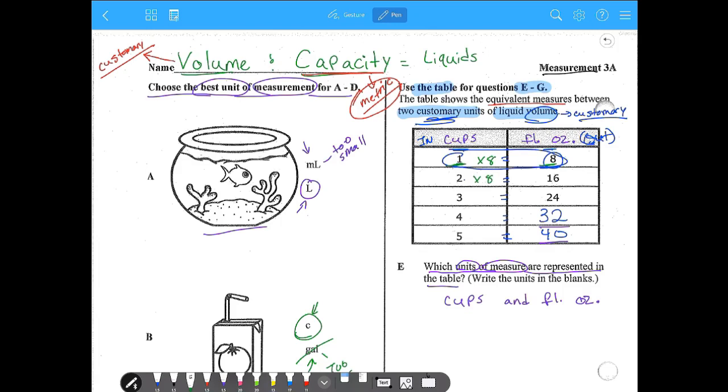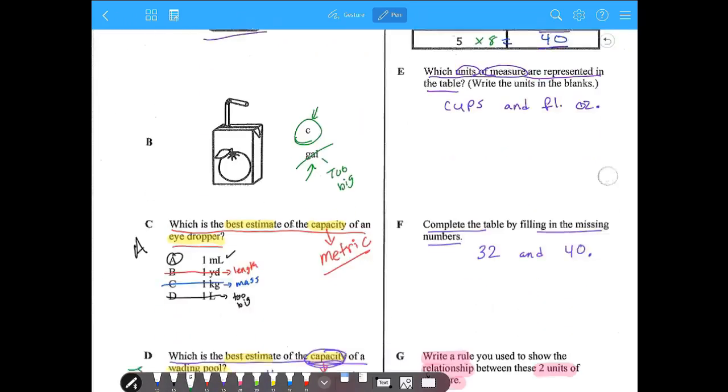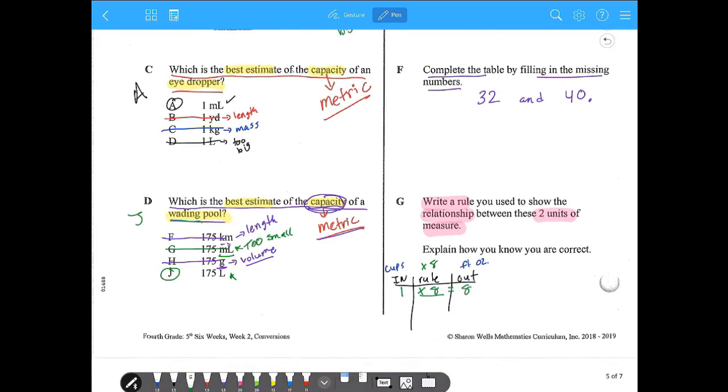If it's not going to be adding, it'll be multiplication. 3 times 8 equals 24. 4 times 8, 32. 5 times 8, 40. So right here, you're going to put the rule is to multiply by 8.